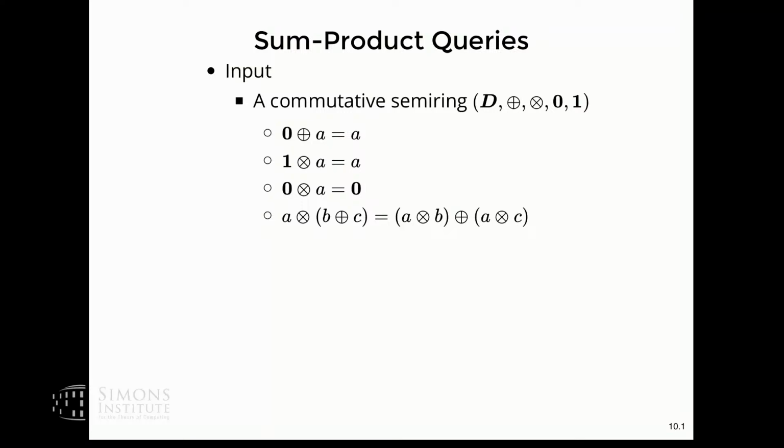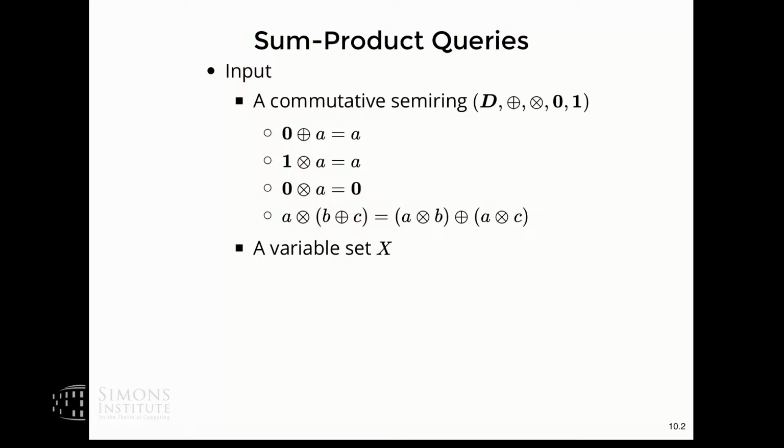We also need some properties. We need the annihilation by 0 property. And most importantly, the most distinctive property of semi-rings is the distributive property, where multiplication distributes over addition. So assuming we have fixed a semi-ring, how do we specify a sum-product query?